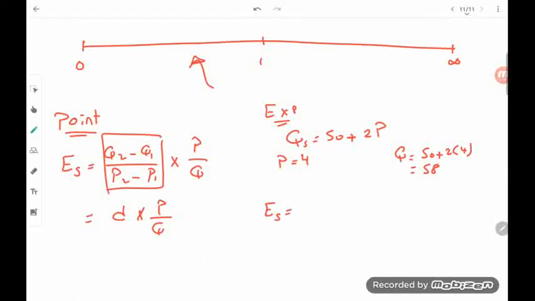Elasticity of supply is D, which is 2, multiplied by 4 over 58. It will be 0.14. It's less than 1, so it is inelastic supply.